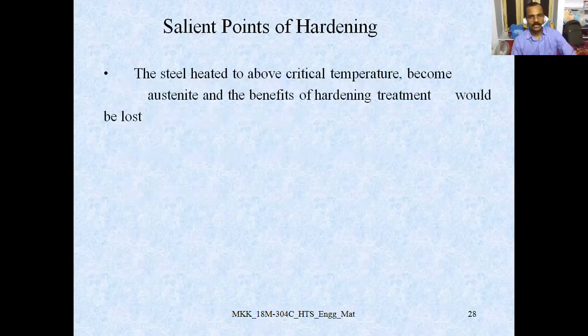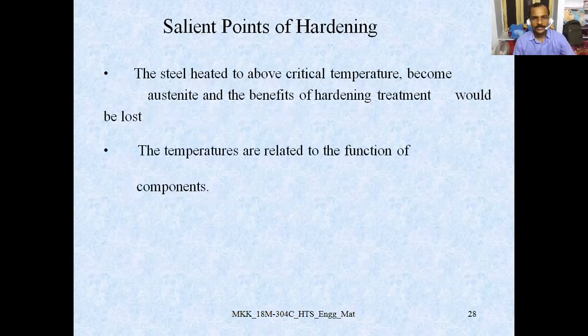Coming to the hardening process, if the steel is heated to about the critical temperature it becomes austenite, and the benefits of the hardening treatment would be lost. That is why we perform the tempering operation.